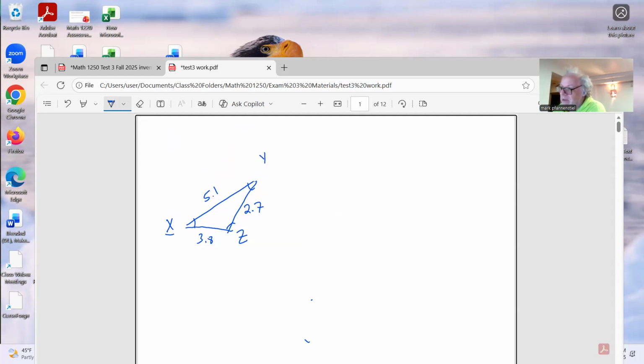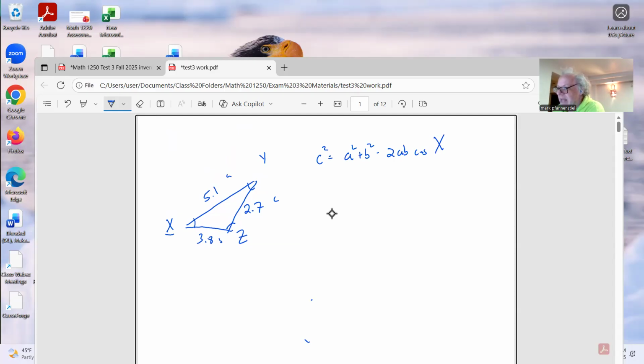In order to do that, we have c squared is equal to a squared plus b squared minus 2ab times the cosine of the angle between them. We'll say this angle is x. We'll say this one's c, this one's a, this one's b for this problem. We're going to do them all this way.